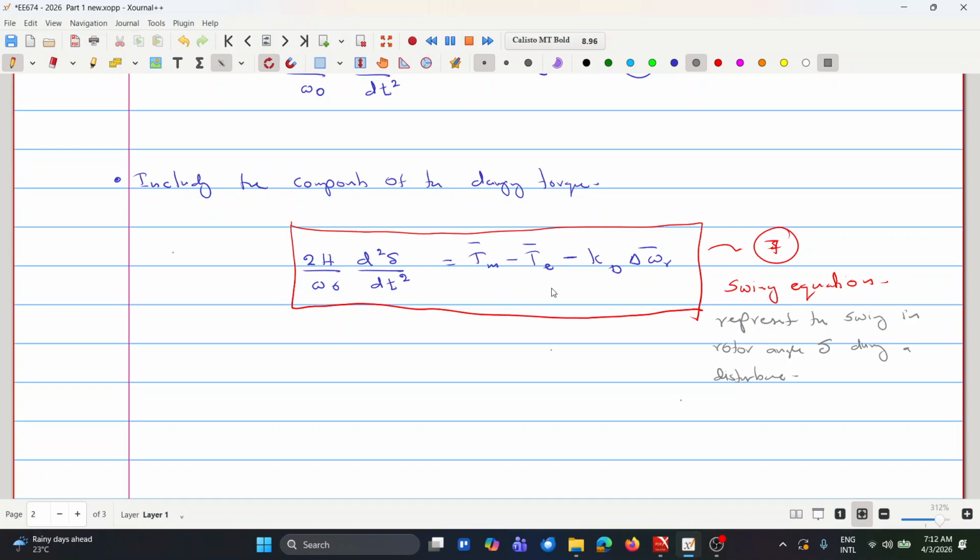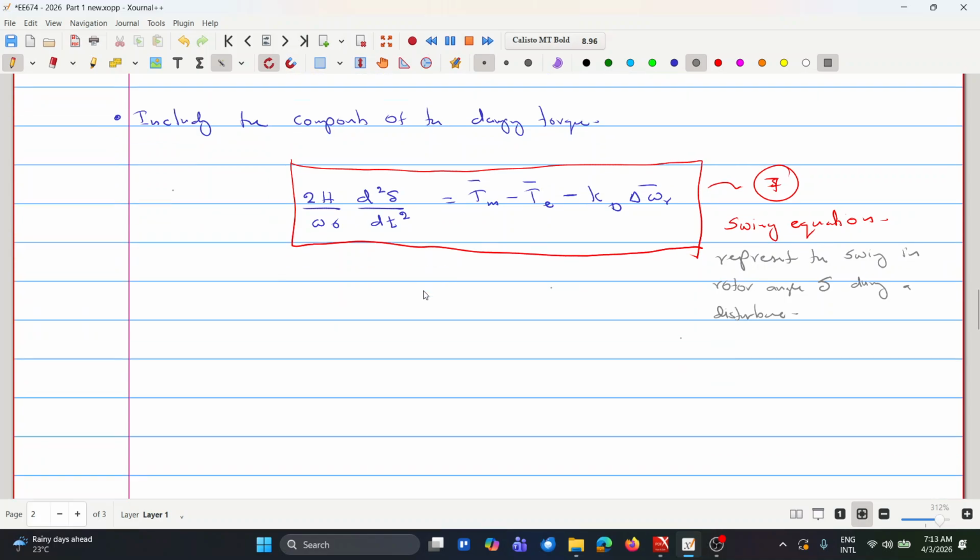So how the swing angle of the synchronous generator varies, and hence how the speed of the machine will vary.